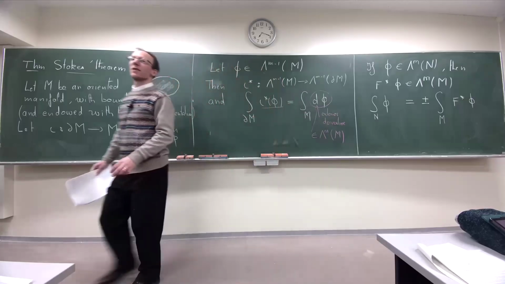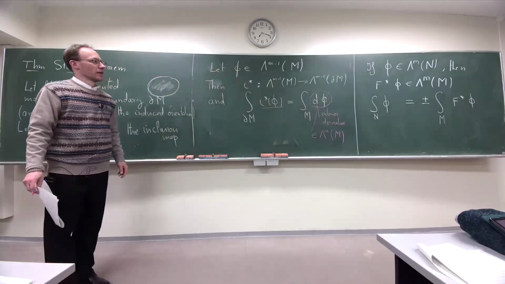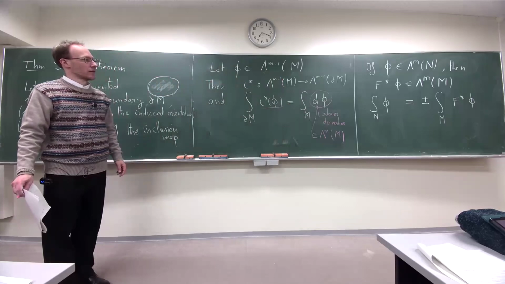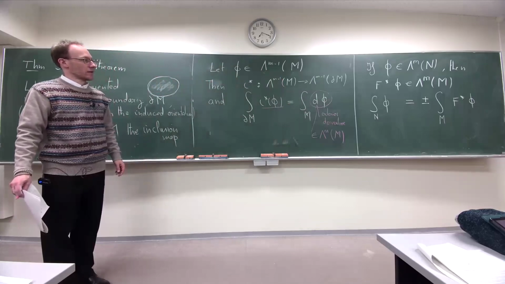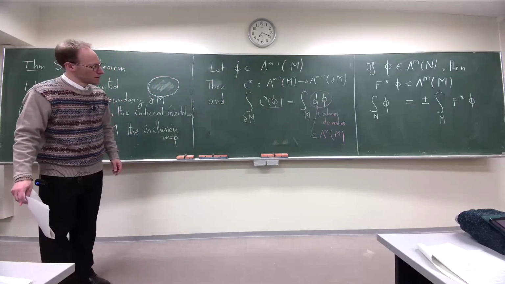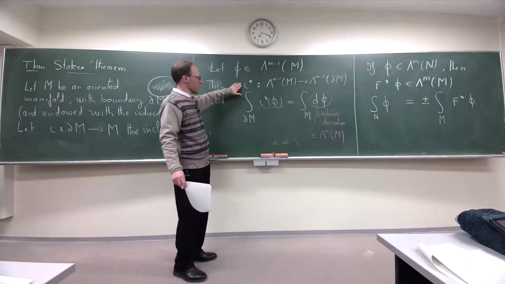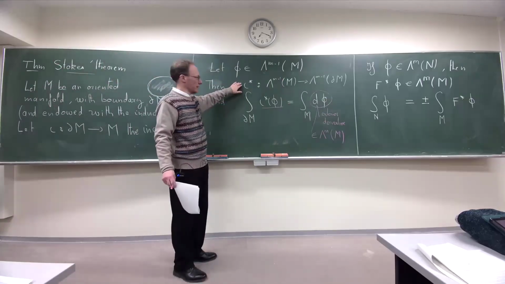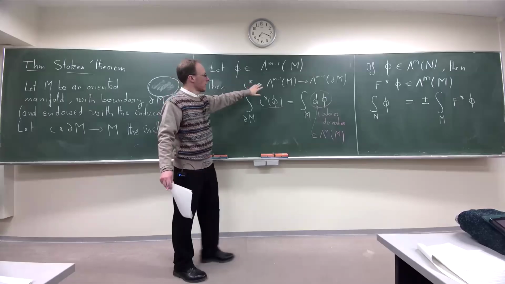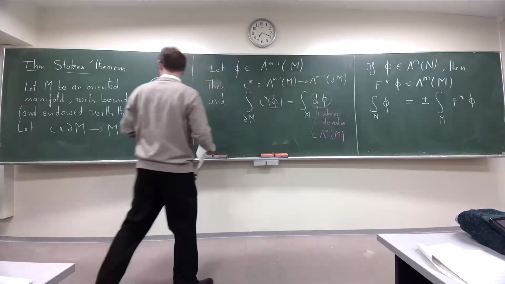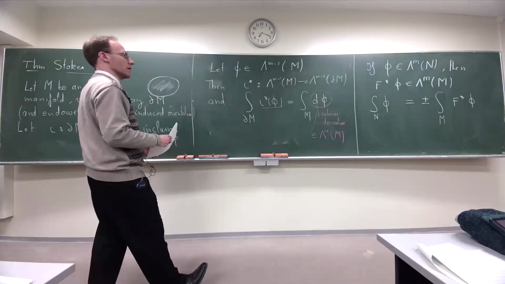Yes? It should be the inclusion map of the boundary rather than just the boundary. This line or the following line? Yes, right. Delta, and instead of delta, should it be i delta?